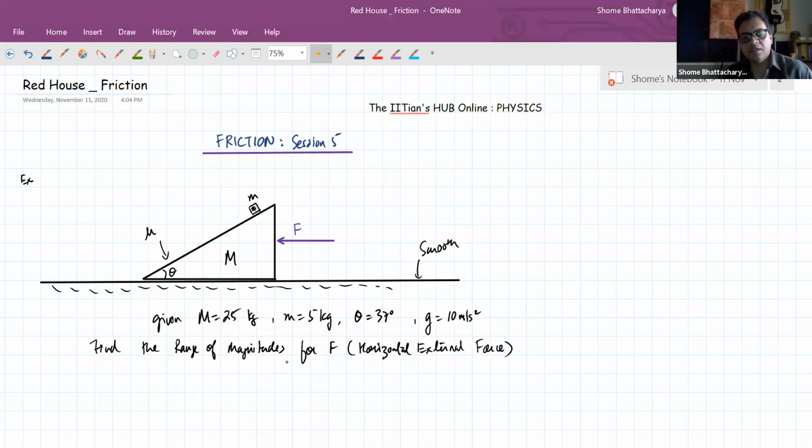So we have to find the range of magnitudes for F such that the block of mass small m does not slip, or does not slide, on the wedge.